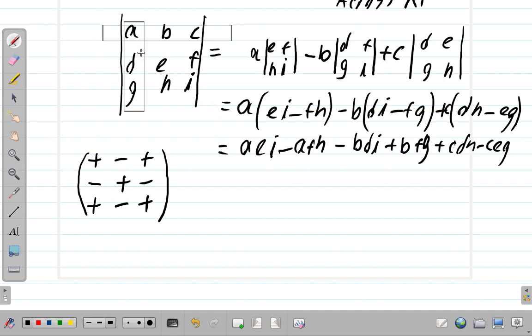But why go down? Since we're going across, let's maintain going across. Let's go across row 2.